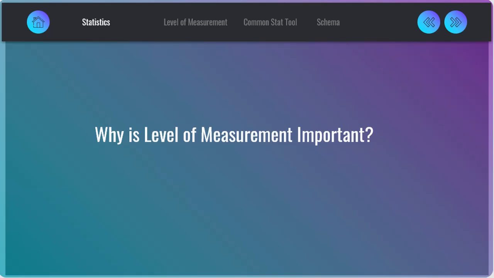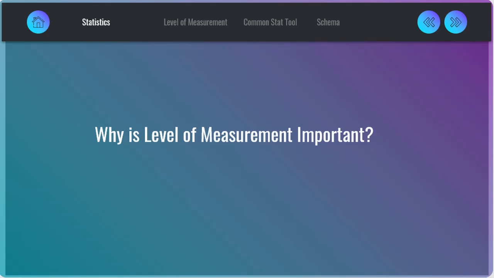Why is level of measurement important? First, knowing the level of measurement helps you decide how to interpret the data from that variable. When you know that the measure is nominal, just like our example earlier, then you know that the numerical values are just short codes for the longer names. Second, knowing the level of measurement helps you decide what statistical analysis is appropriate on the values that were assigned.